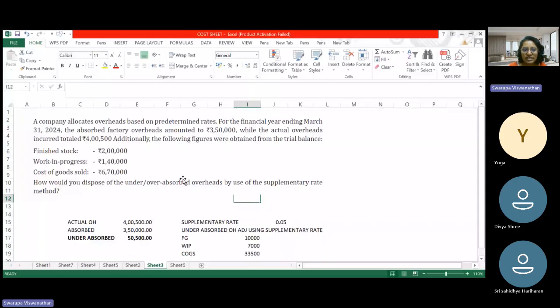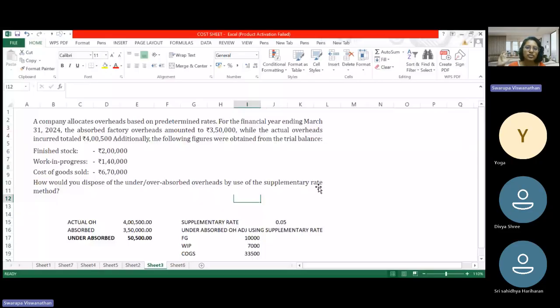Now, additional details are available: finished goods, WIP, and cost of goods sold. You are required to calculate the supplementary rate and how the overheads will be absorbed as per the supplementary rate. So, when there is an under absorption or over absorption of overheads, we need to adjust it in the finished goods, WIP, as well as the cost of goods sold.